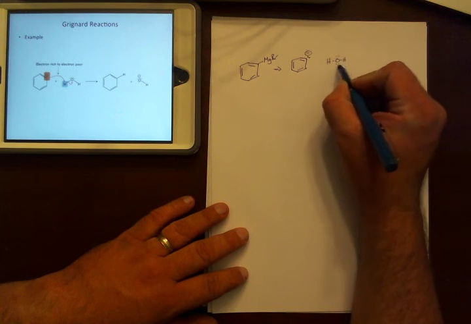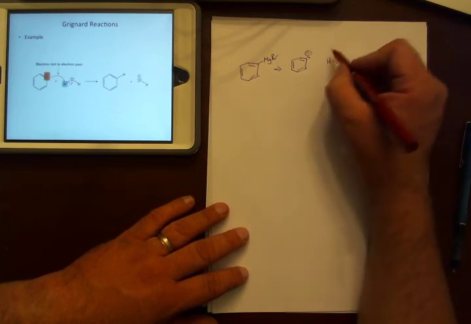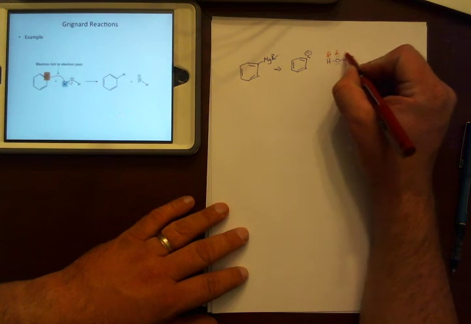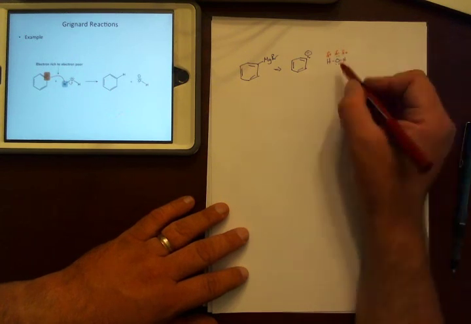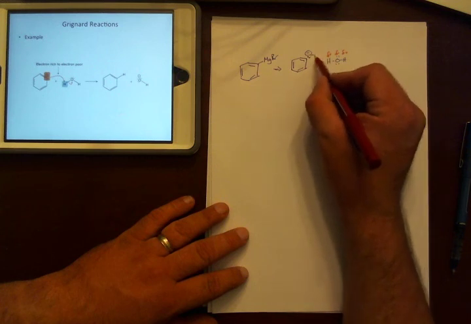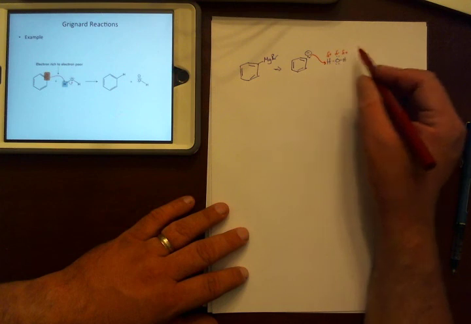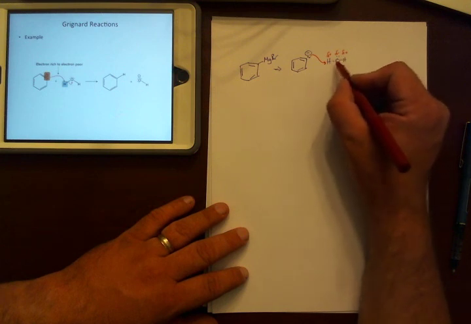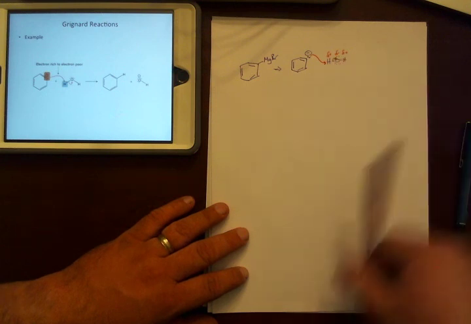If we react this with water, positive, negative, positive, this negative charge is going to be attracted to that positive charge here. These lone pairs are going to make a new bond with that hydrogen. We only do one bond, so we take those 2 electrons and push them onto the oxygen.